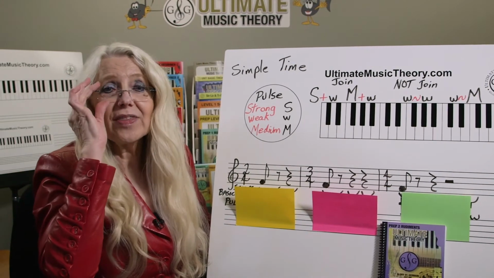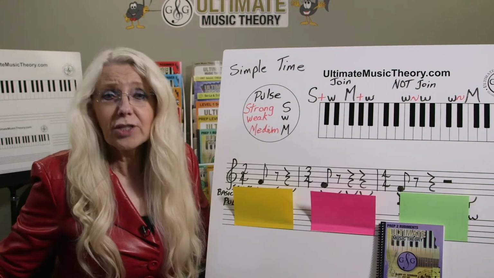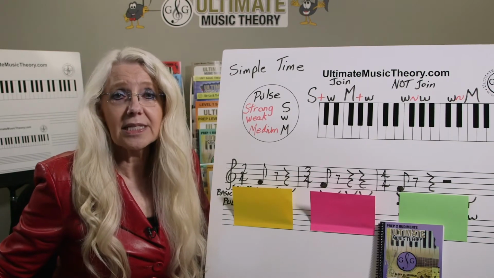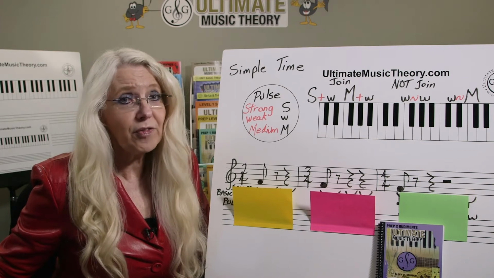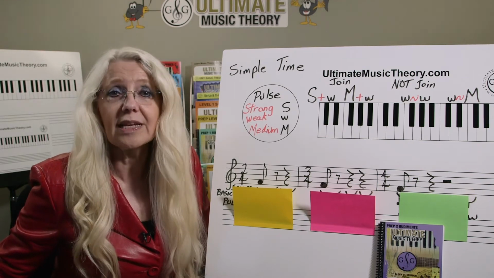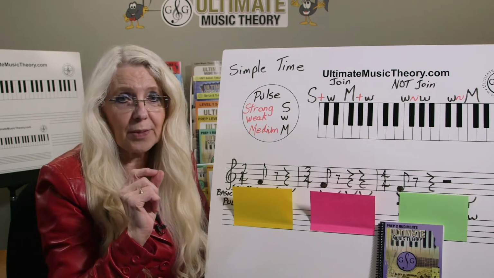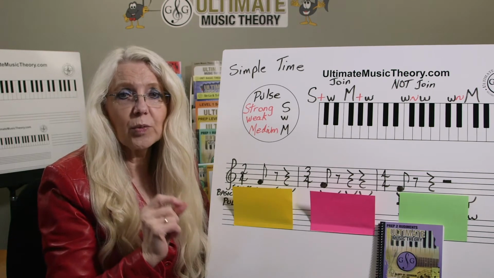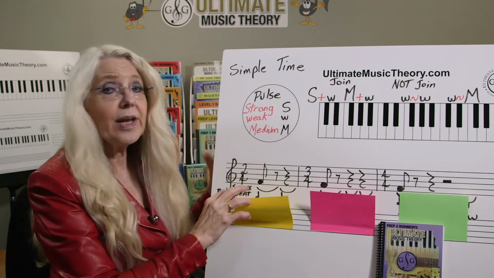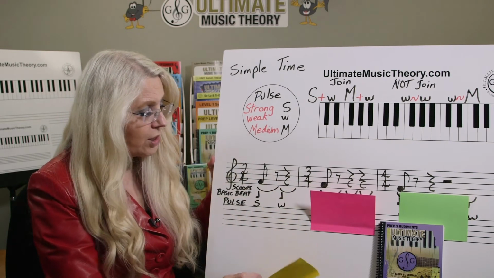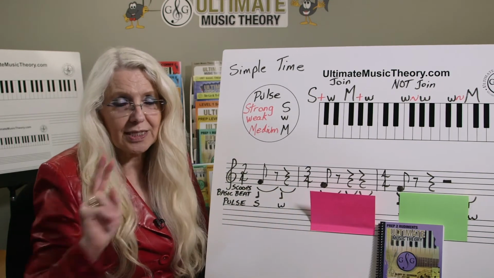So let's identify the time signature. Now the top number indicates how many beats per measure, and the bottom number 4 indicates a quarter note receives 1 beat. So the first thing that we do is we're going to scoop the basic beat of each quarter note value in each measure. So when the top number is 2, we're going to have 2 beats per measure.